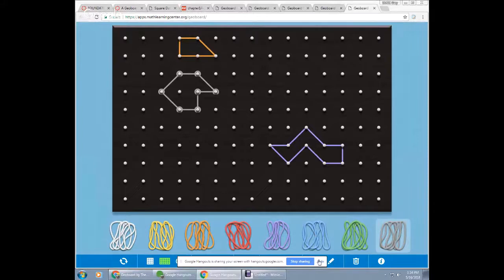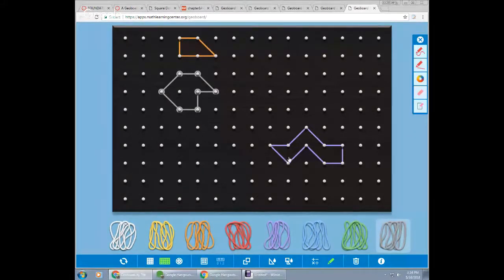Okay, so double checking here. Let's see, drawing some lines, yellow. Oops, no. I want to draw, what happened? There we go. All right, so I think I'm going to chop this into a bunch of halves.